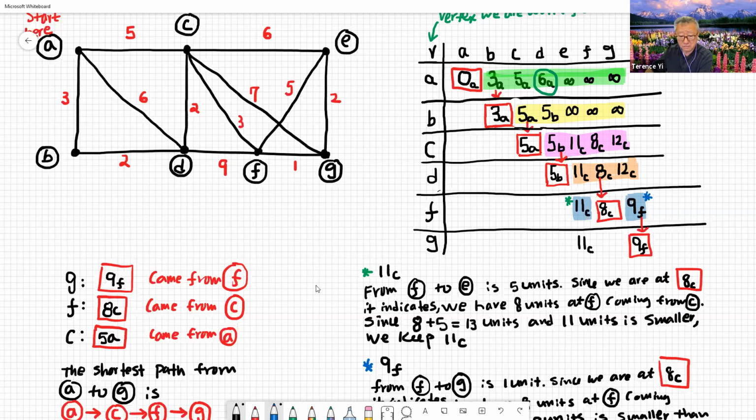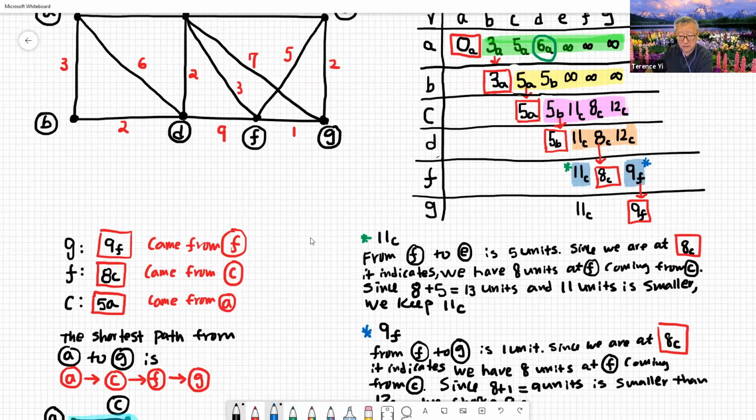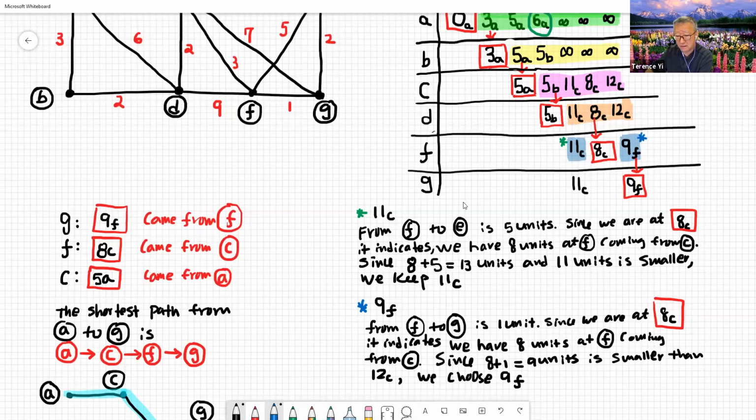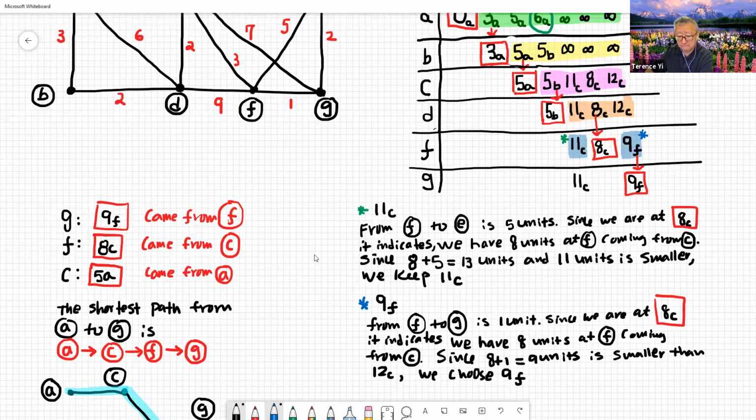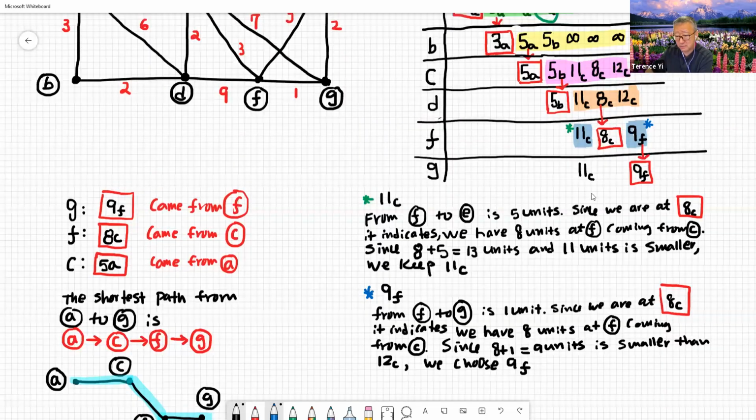And 9 is much smaller than 12, and that's why we are selecting the 9 rather than 12. So once you're finished, remember the last one is your vertex, and we didn't find any other ways to go to that.